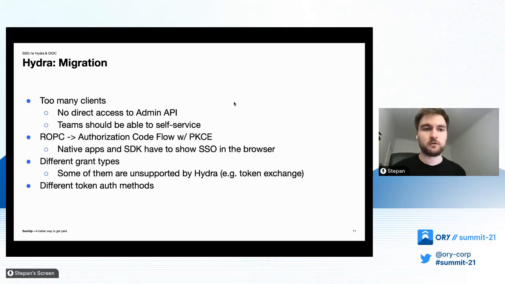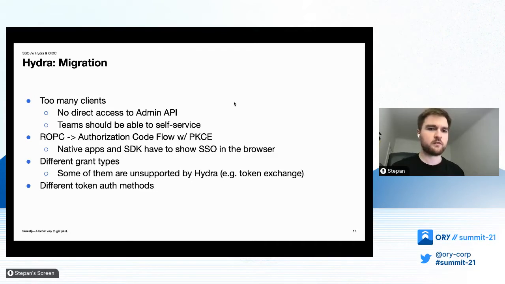And we had to migrate everyone from password credentials to auth code flow. Now the problem is our native apps and SDKs. Because our partners run SDKs which use SumUp infrastructure, we have to show them SSO in the browser instead of having a native view. I think this was a breaking change on mobile, because instead of showing the native flow, they now have to show this popup browser.